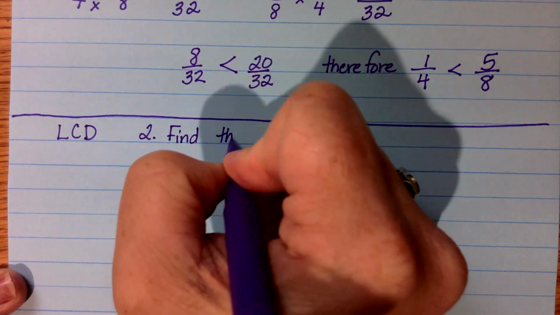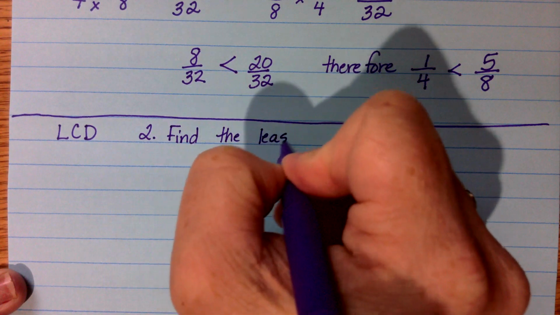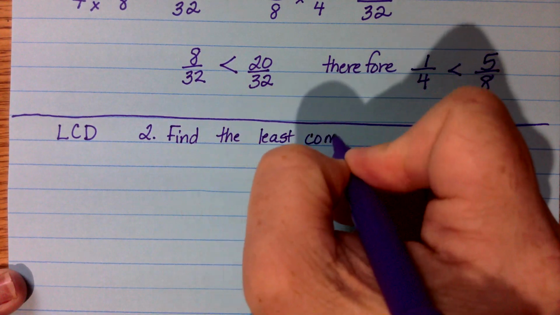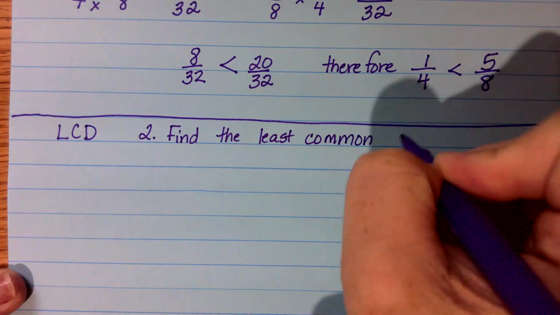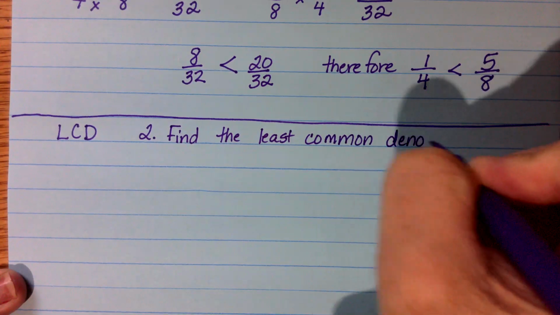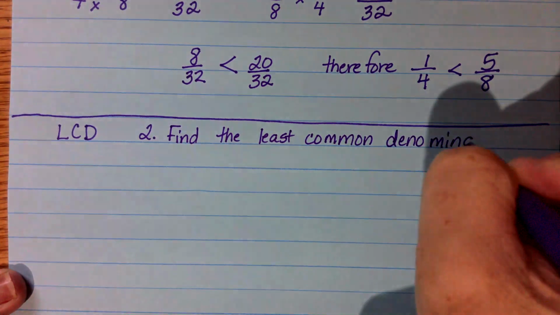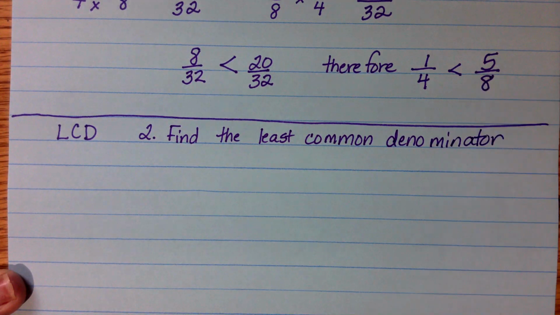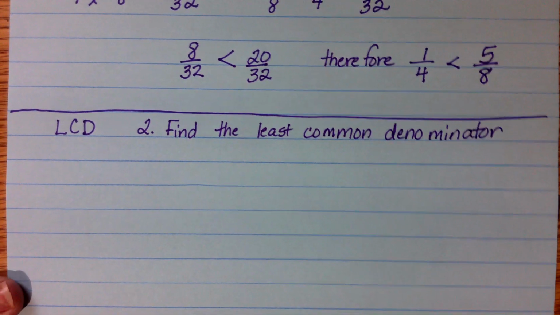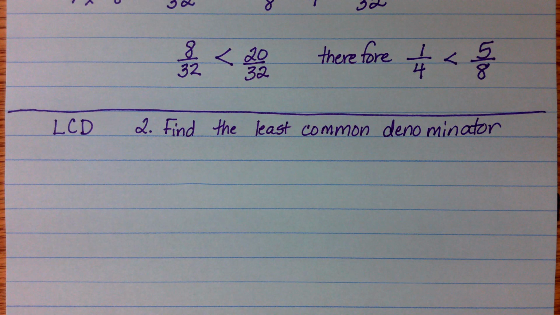Find the least common denominator. When finding the least common denominator, the first thing I want to do is look at my fractions and find the multiples of those fractions.